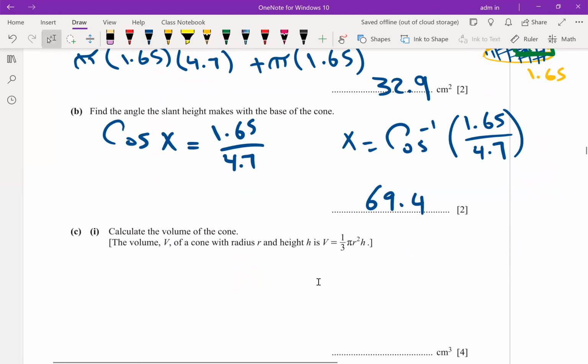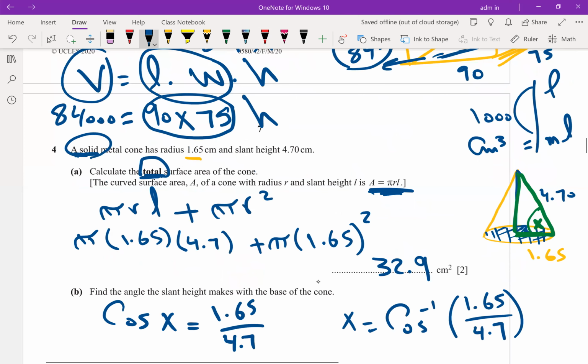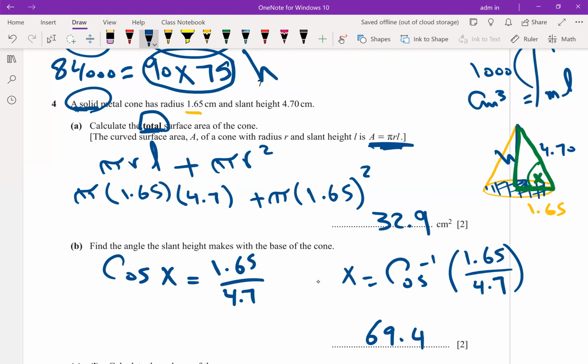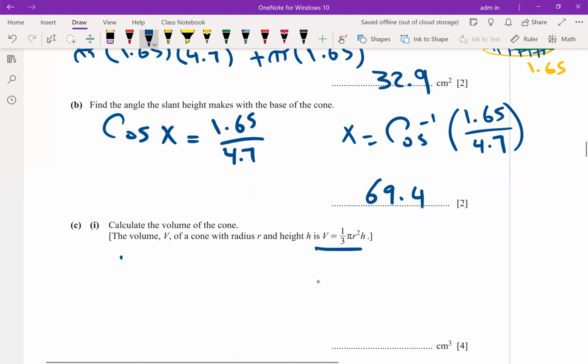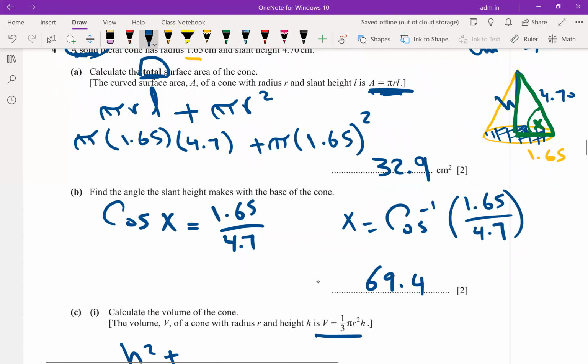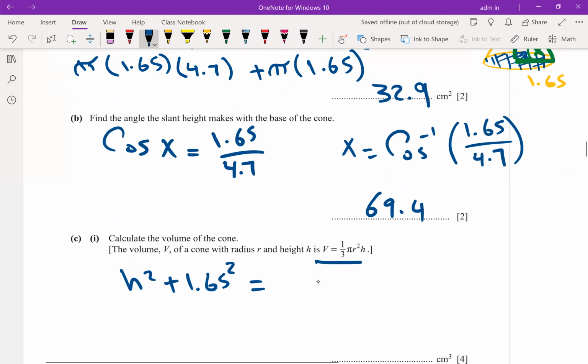Calculate the volume of the cone. What is the volume? It's given: a third area of base times height. So what do you have to calculate now? You have to calculate the perpendicular height. Apply Pythagoras theorem. Height squared plus 1.65 squared equals 4.7 squared.